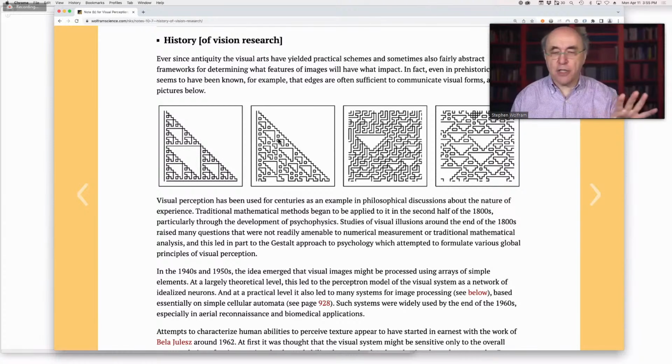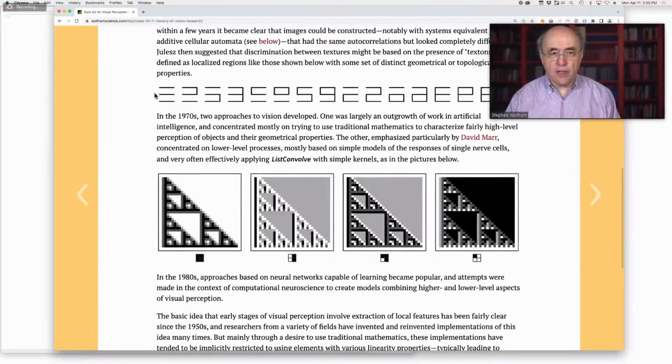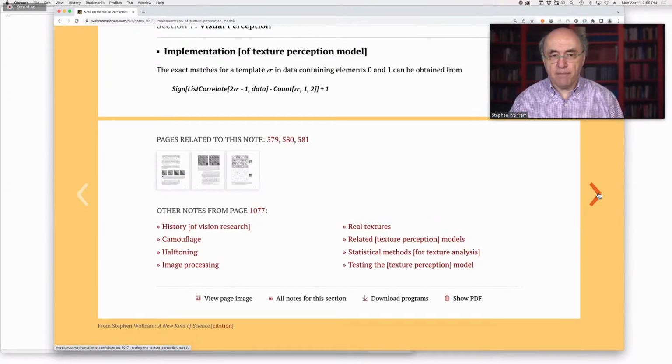This notion of edge detection is a very basic one to our visual perception, and that's why sketches and cartoons and things like that can work. Talking here about which of these can you readily recognize as different, and which do you confuse? And that's part of this question of what are the elements of texture?